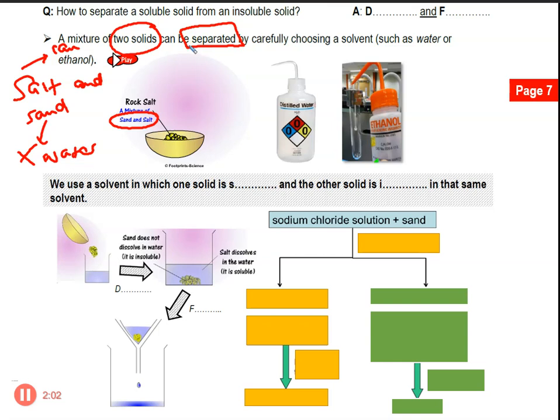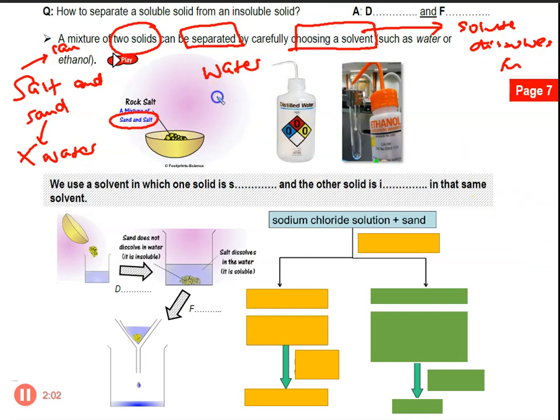So what you're going to do is, if you want to separate sand and salt, you will have to choose a solvent very carefully. Now you remember in chapter 3, we say solvent is basically what the solute dissolves in. So over here, you can choose water to be the solvent.